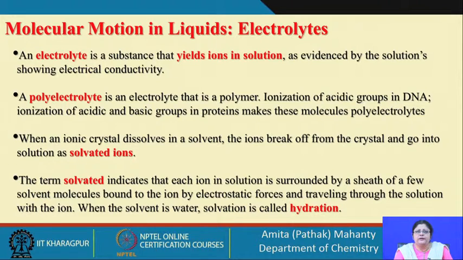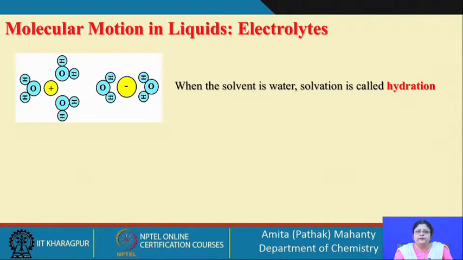The ions break from the crystal structure and give rise to a solution that contains the ions in the solvated form. What do we mean by this term solvated form? When you have a solvent medium and an ionic crystal, it is comprised of positively and negatively charged atoms in the lattice structure.